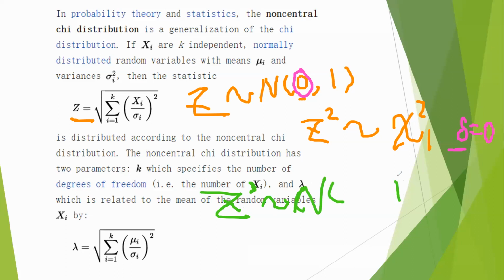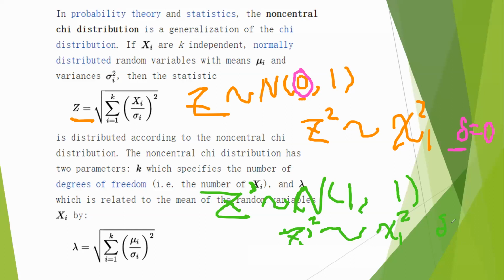Although it has variance equal to 1 as well, it is centered at 1, so this is a normal distribution with the mean equal to 1. And if we square this z prime, this is also a chi-square distribution with degree of freedom equals to 1.